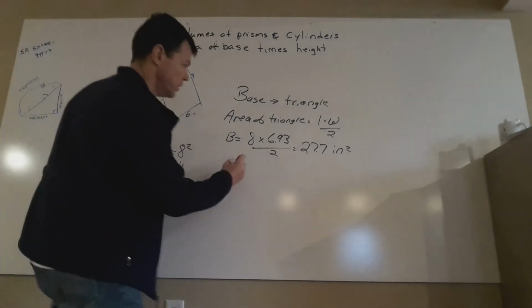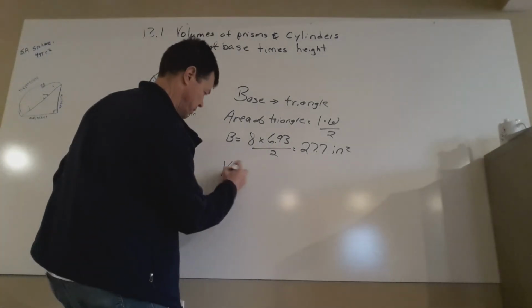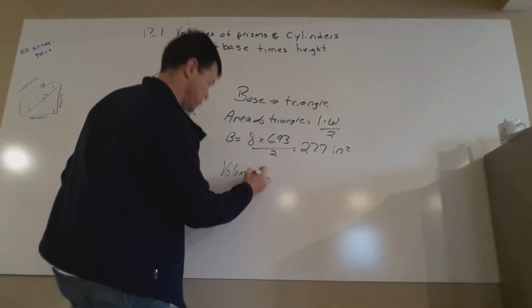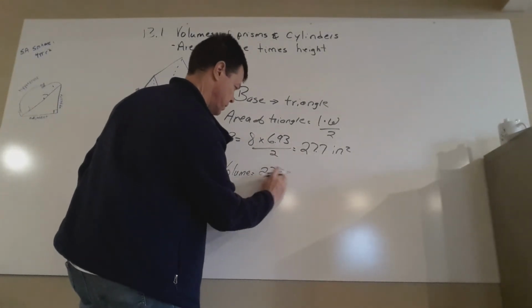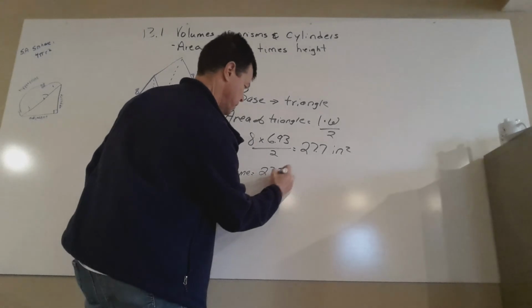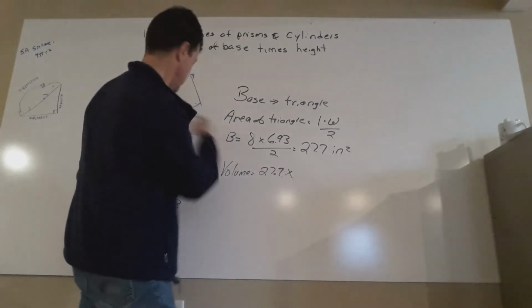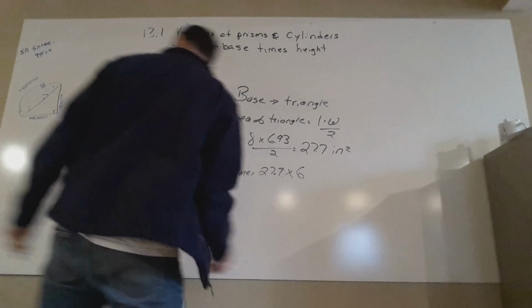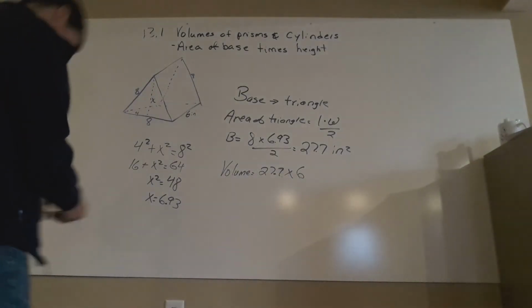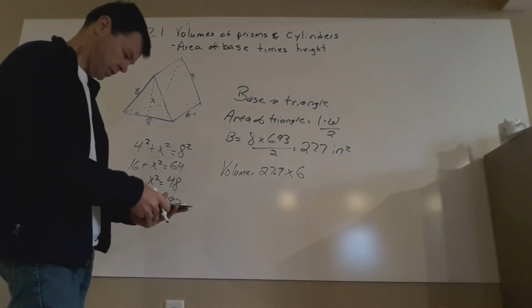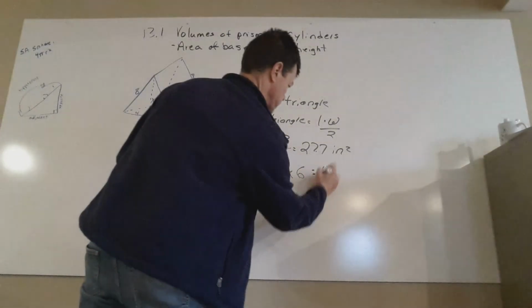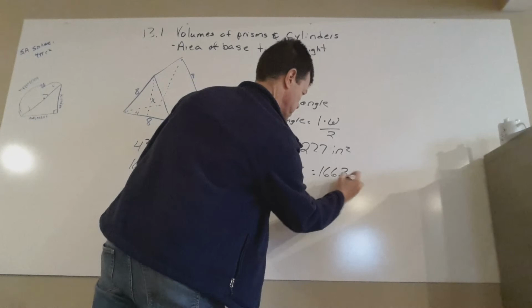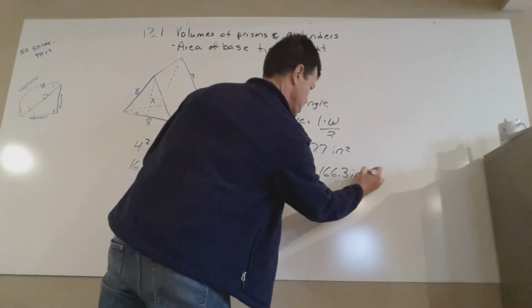All I need to do now to get the volume is multiply area of the base times the height. So volume equals 27.7 times our height, 6. That's 166.3 inches cubed.